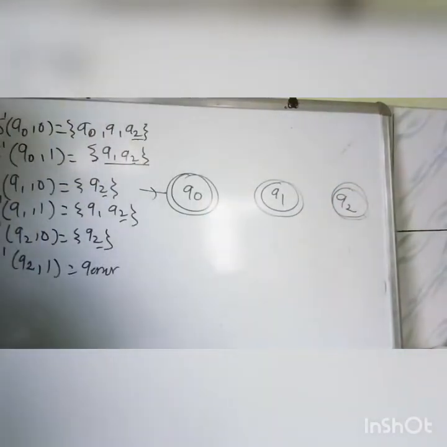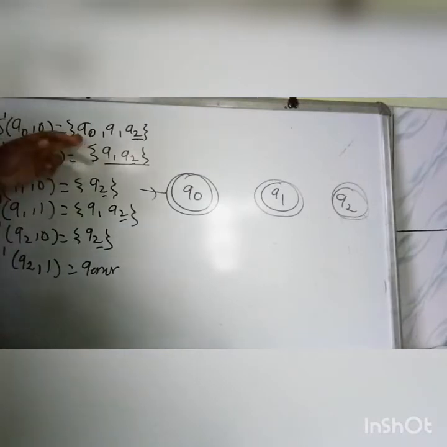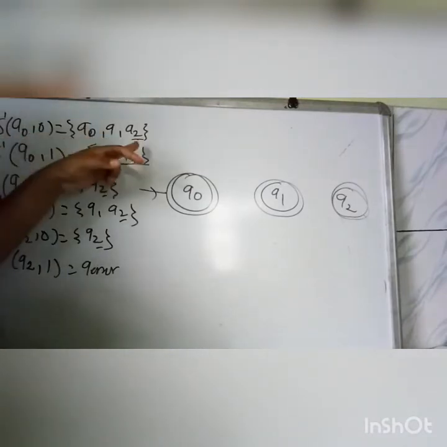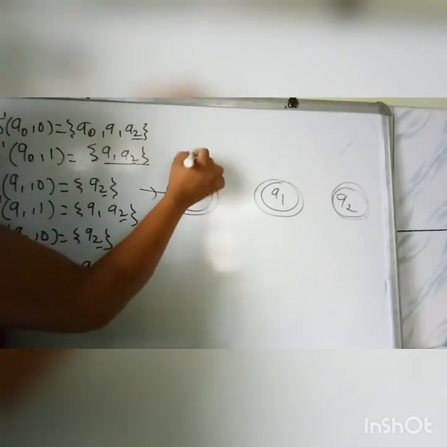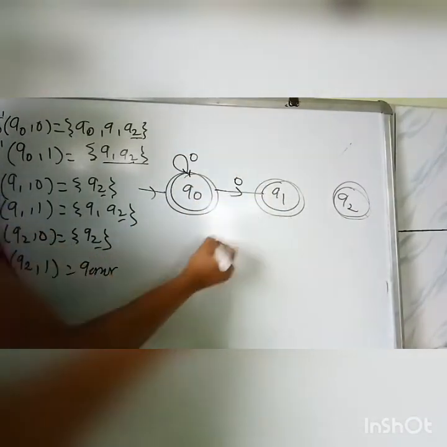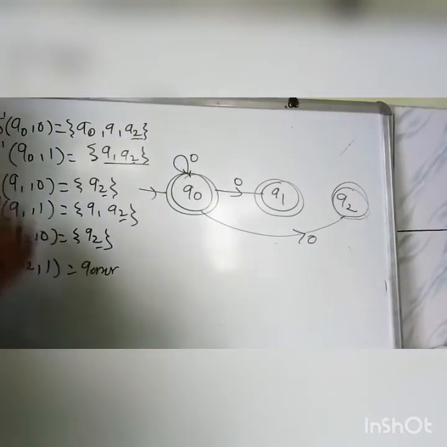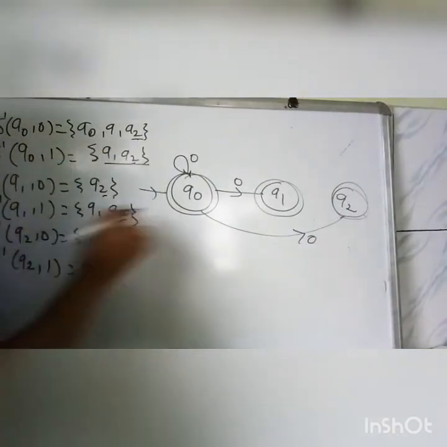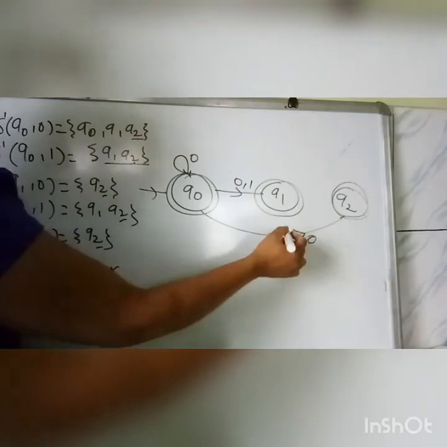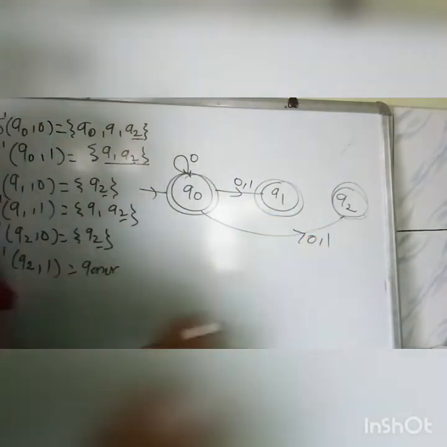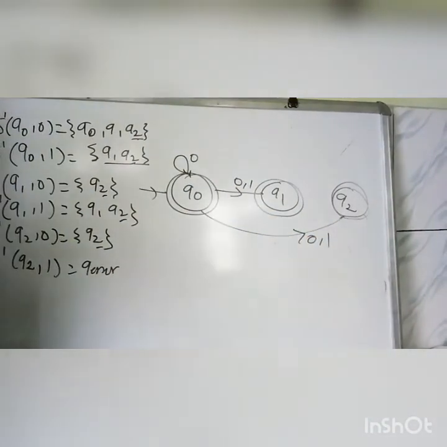Now for Q0 on 0, the output is Q0, Q1, Q2. Means for 0 it stays here, again stays here, and again goes here for 0. Now for 1 it is again Q1 and Q2. So it is 0, 1.